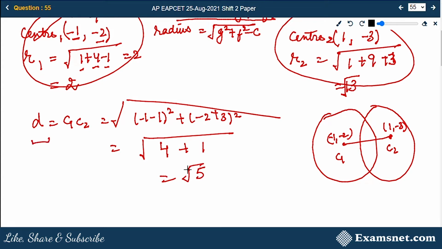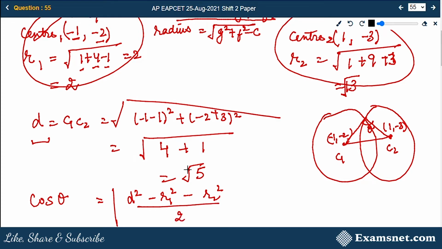Got d. Now if theta is the angle between these two circles, then cos theta is given by mod of d square minus first radius square minus second radius square, divided by 2 r1 r2.